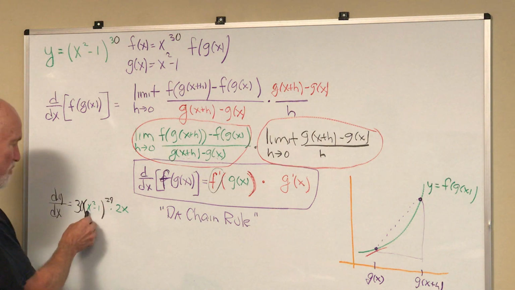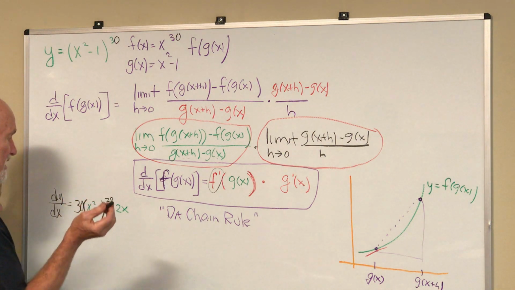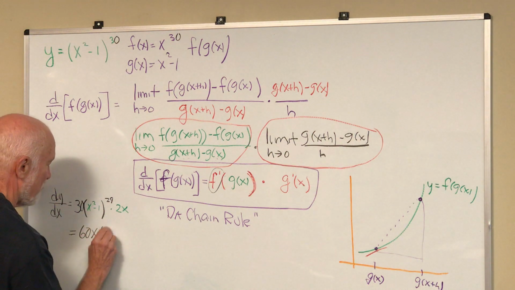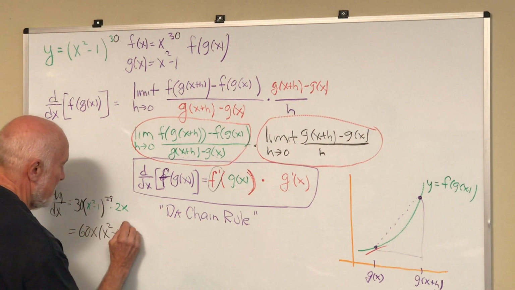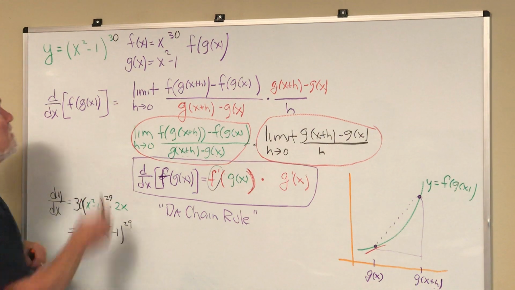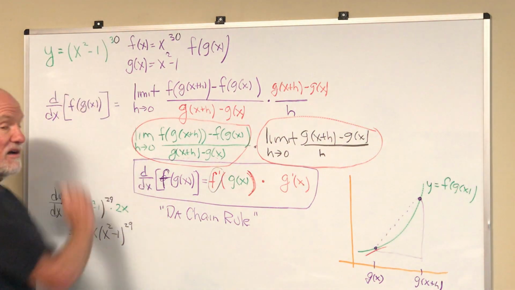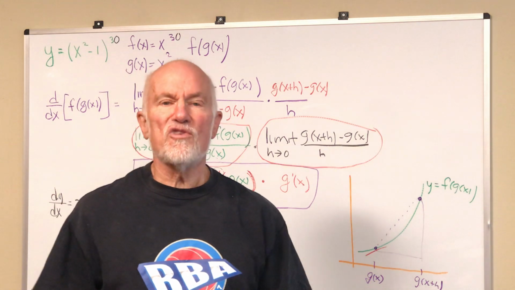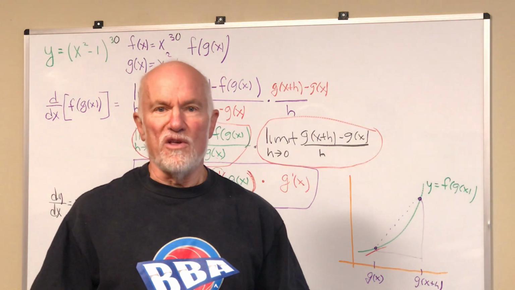And then you would just put in g of x and 2x, and that would be your answer. 60x times x squared minus 1 to the 29th power. That would be the derivative of that really complicated function. So this chain rule is going to be really helpful to us.